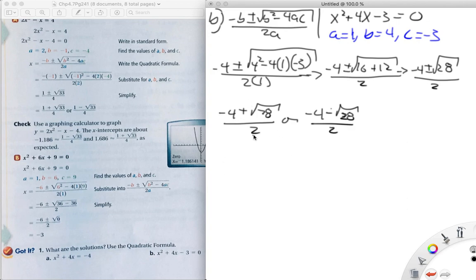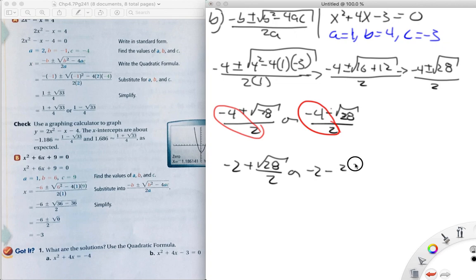And we can divide the 2 and the negative 4. That gives me negative 2. We can divide the 2 divided by the negative 4 and the 2 divided by the negative 4. So let's do that. We can have negative 2 plus the square root of 28 over 2, or we can have negative 2 minus the square root of 28 over 2.